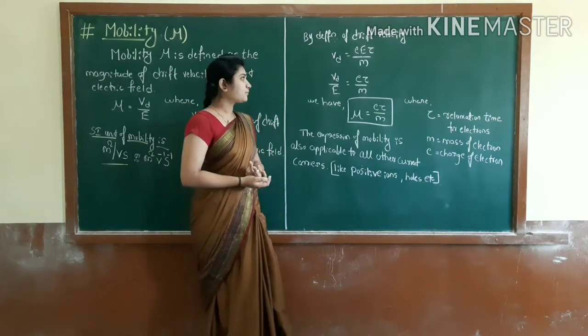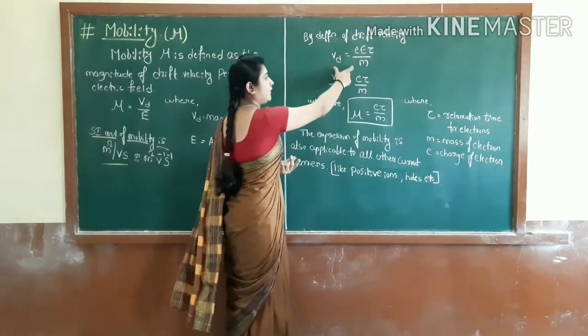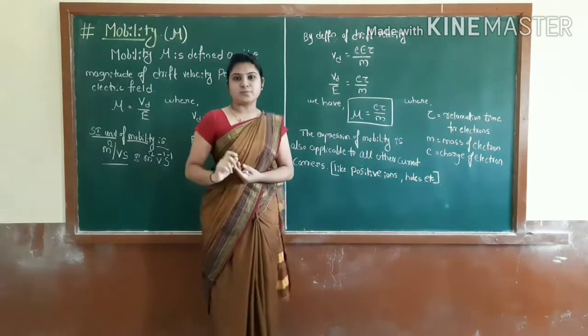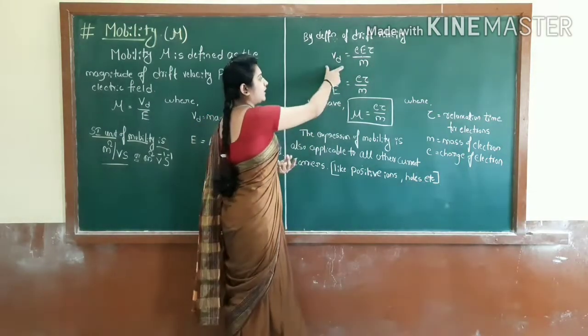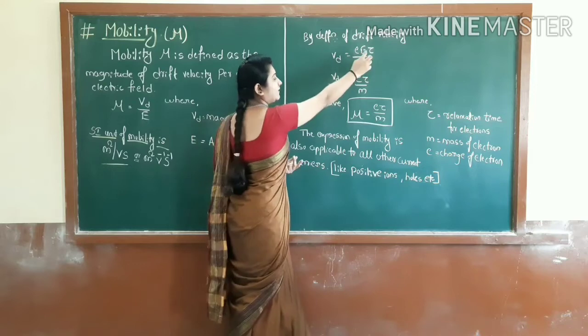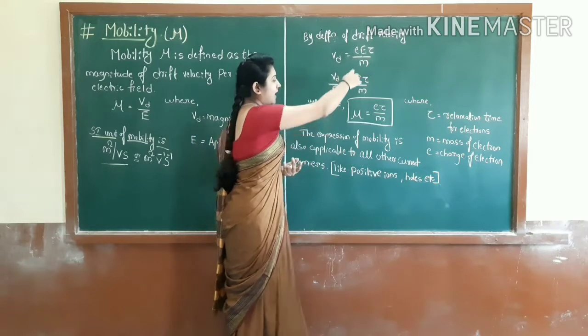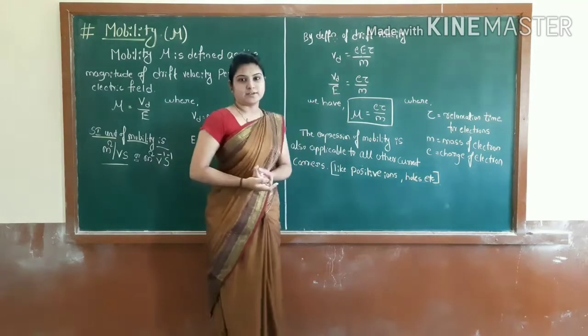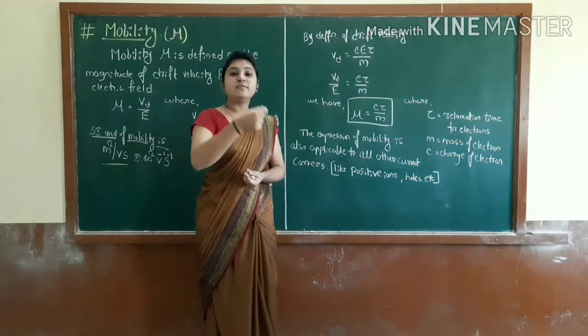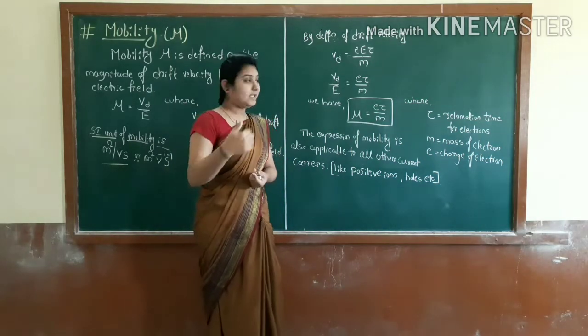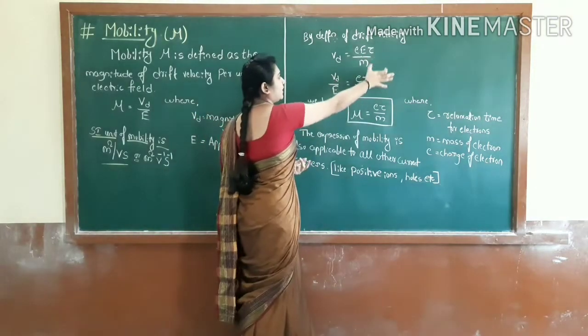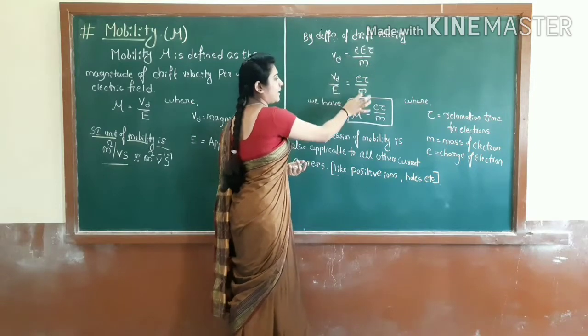Correct? So see, from this equation I make a rearrangement. What is it? I wrote Vd, and this E in the numerator I took into the denominator. That will become Vd divided by E, equal to small e tau divided by m.